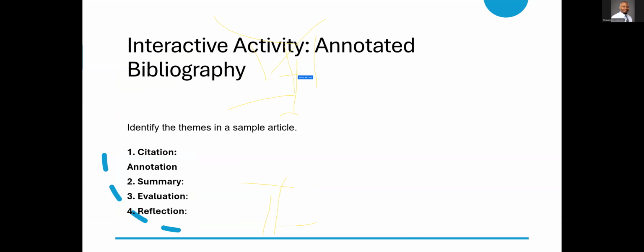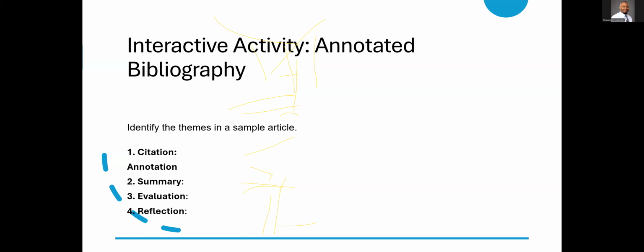Okay? Interactive, these are the actions that we are going to do now. I gave us the articles. So everybody, within the next, I know it's not realistic, but just to have a feel of what it means to do an annotated bibliography. We'll just start with the annotated bibliography.